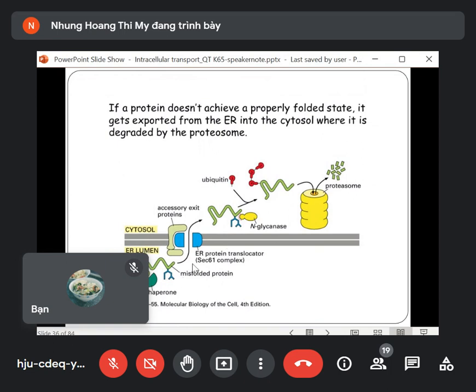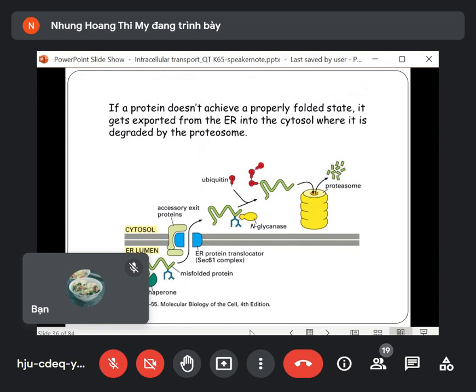Also, when the proteins enter the ER, they need to be folded in the correct conformation with support from one type of protein named chaperone. Chaperone is one protein family that helps the protein to fold in the correct form, the correct 3D structure.